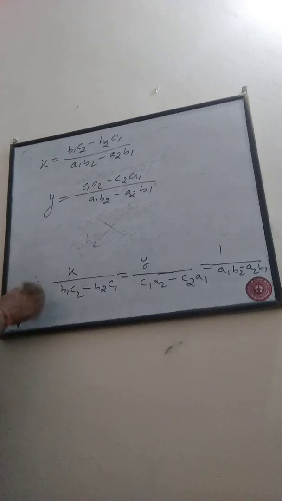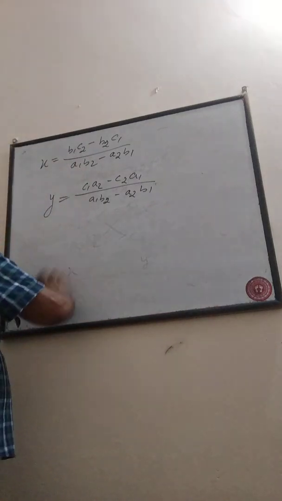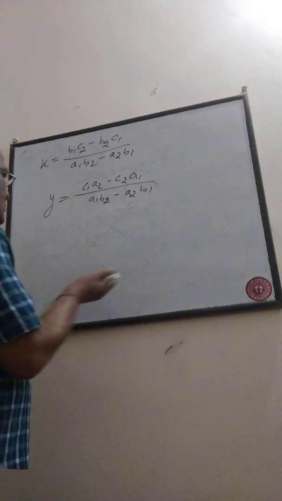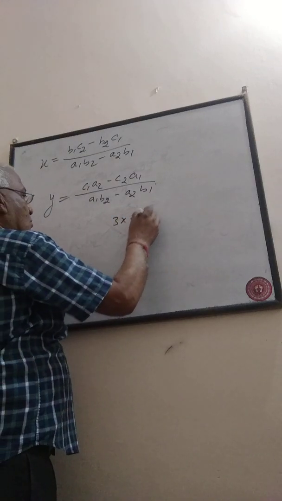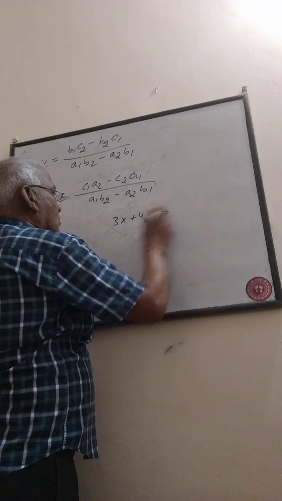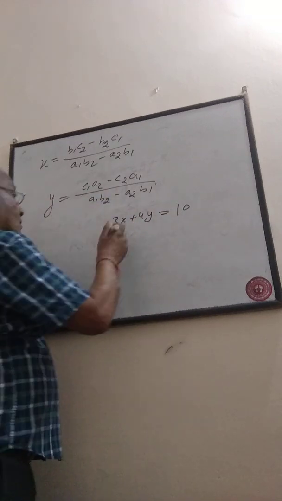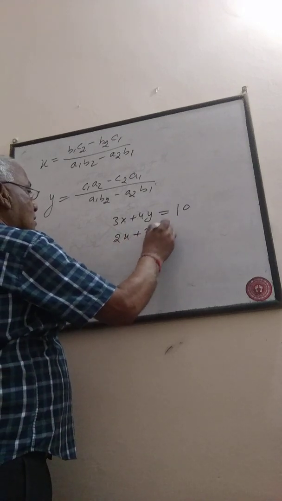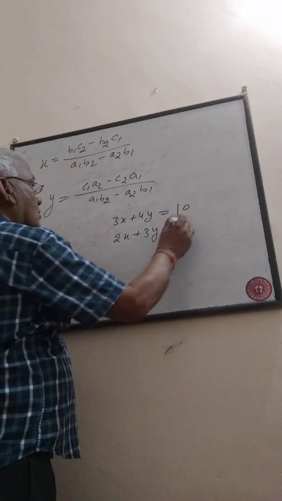So here I give you an example of two equations: 3x plus 4y equal to 10 and 2x plus 3y equal to 7.